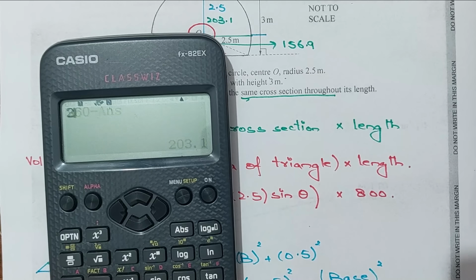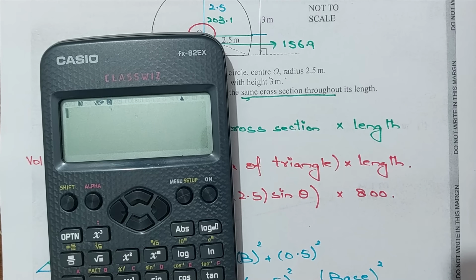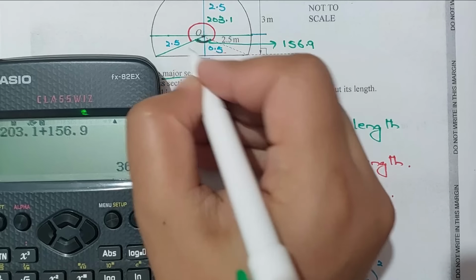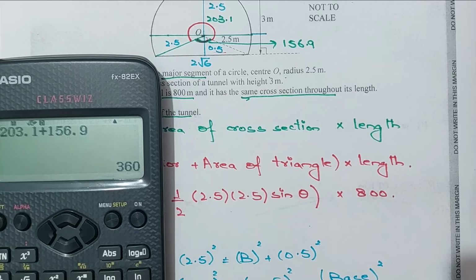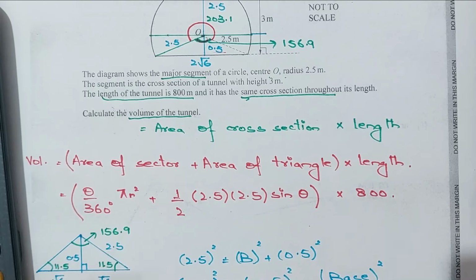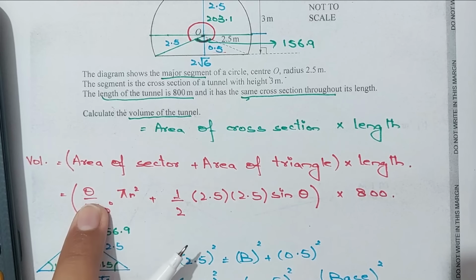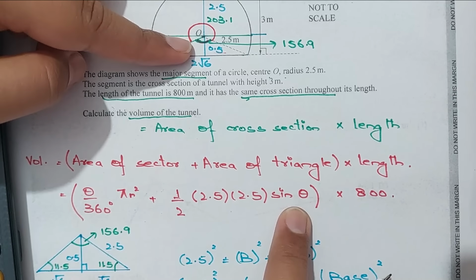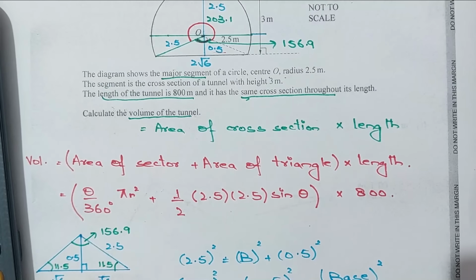If you add 203.1 and 156.9, the total is 360. The whole angle of the circle is 360 degrees. All right, so now we can plug the values in. This theta is 203.1, and this theta for the triangle is 156.9.